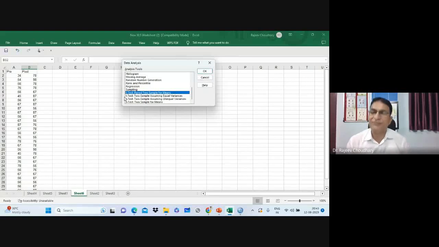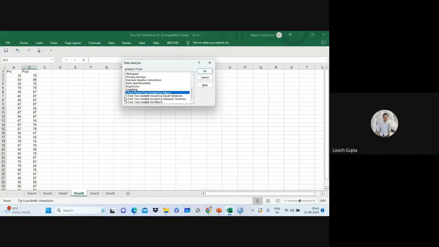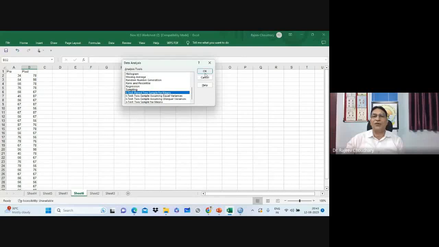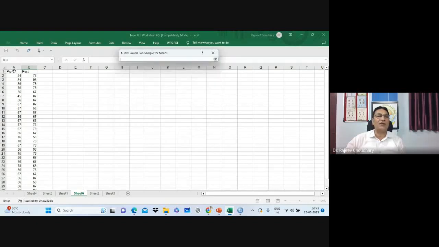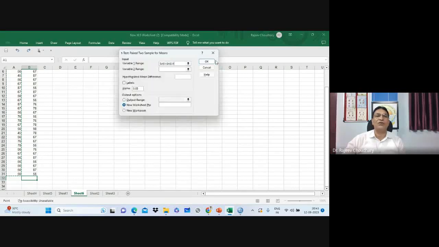Is it okay? Yes, sir. Now click on OK. The remaining part will be the same as the independent t-test. In front of the Variable 1 Range, click on this arrow. Select all the pre-test scores. Again click on the same arrow.